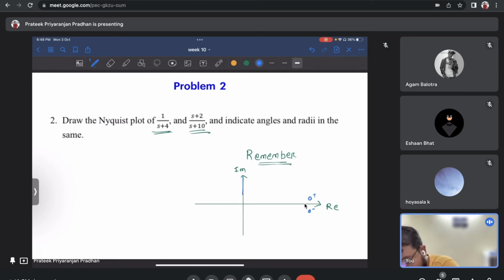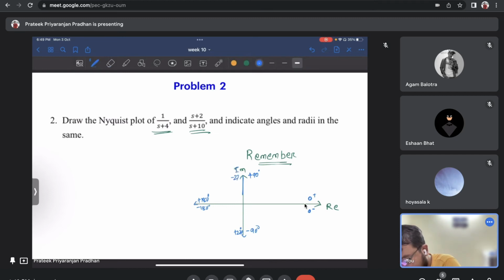This is positive 90 degree, this is positive 180 degree, and this is positive 270 degree, and this is negative 90 degree, negative 180 degree, and negative 270 degree. Sorry, my bad.